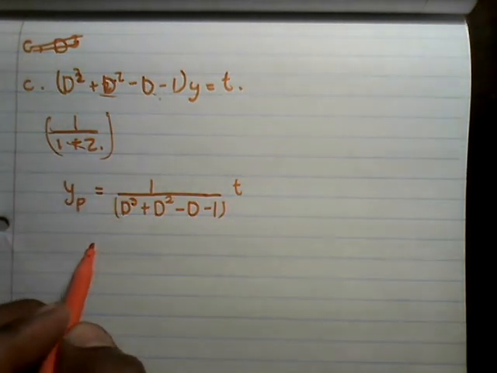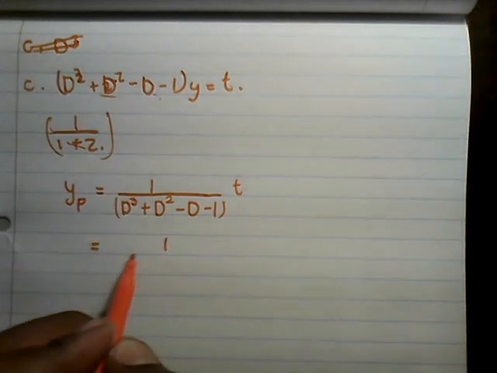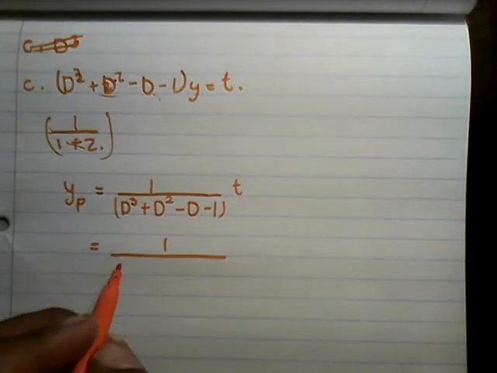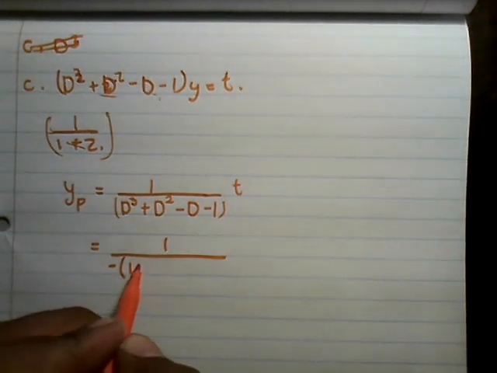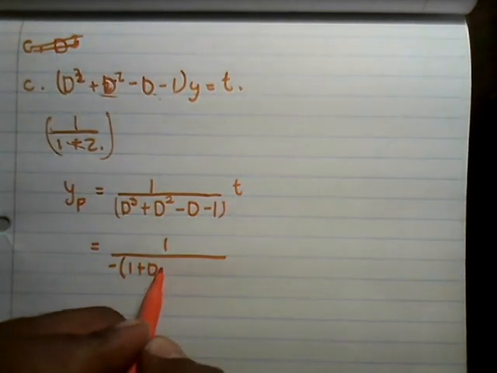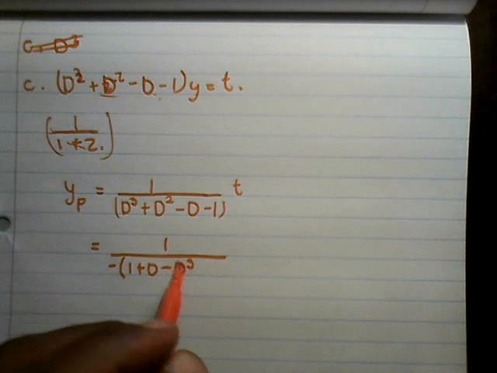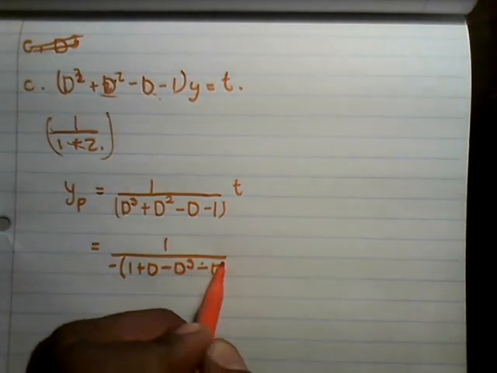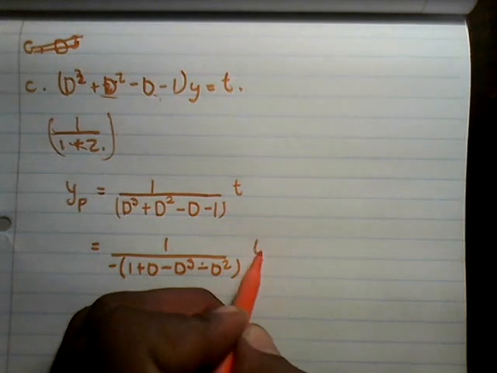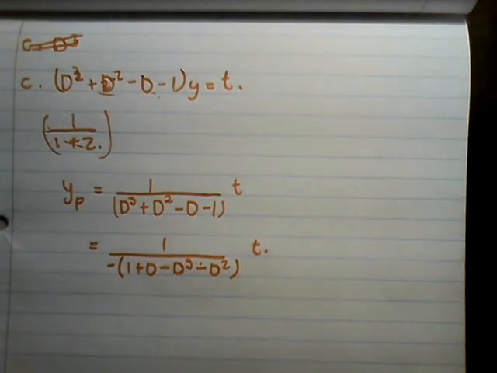So this is going to be 1 over negative 1 plus D minus D cubed minus D squared, multiplied by t.